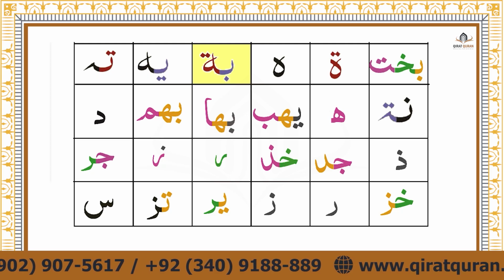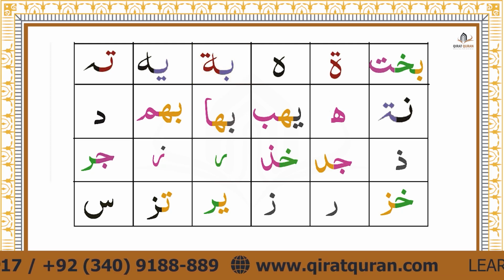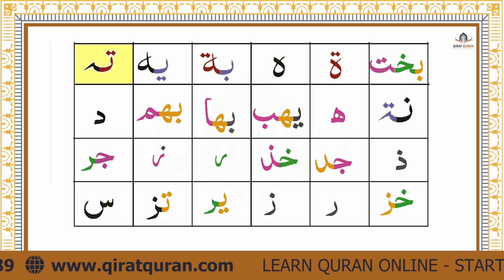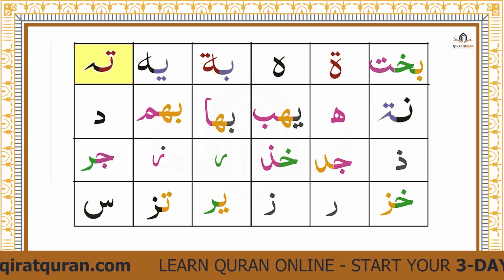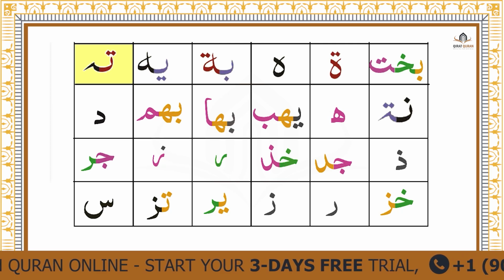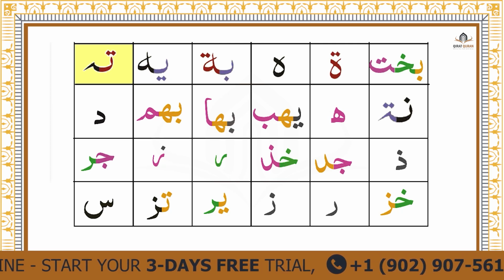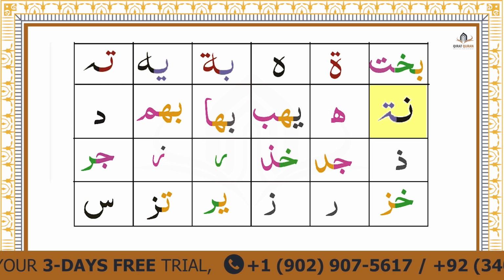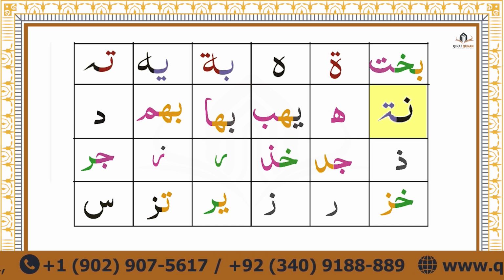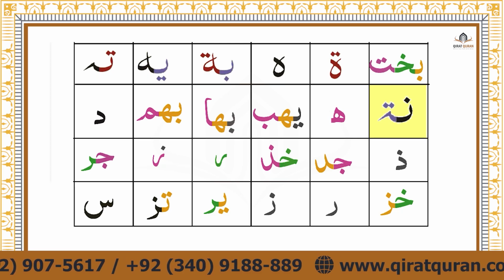This is another style of writing Ta. And then here, this letter has two dots at the top, so it is also Ta. This is also Ta, the first letter, the brown one. It is also Ta. And then here, the blue one, which has two dots at the top, it is also Ta.